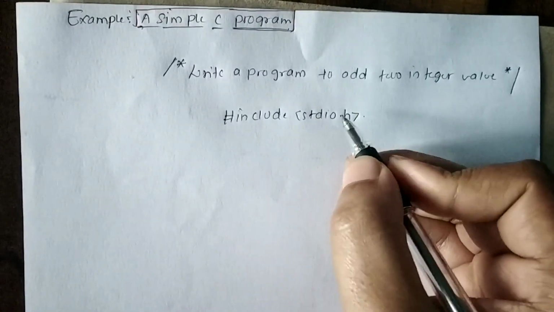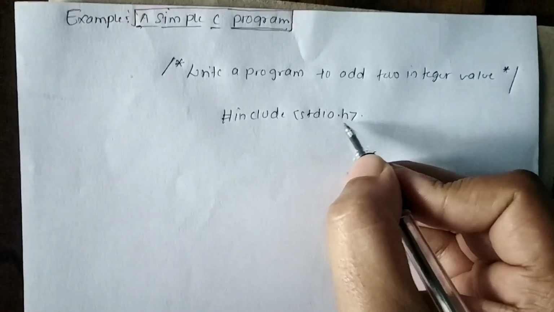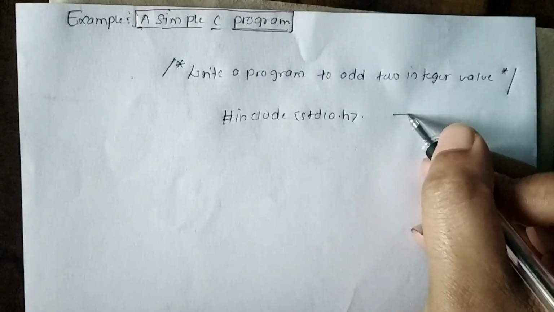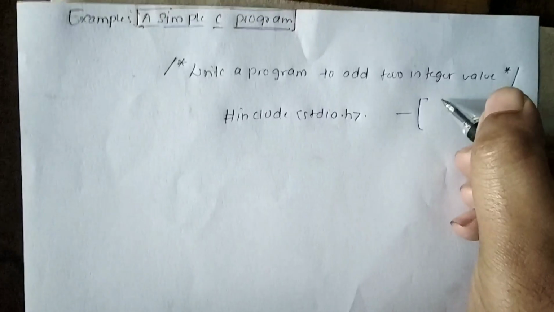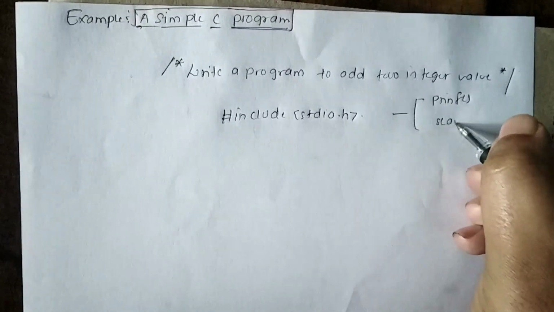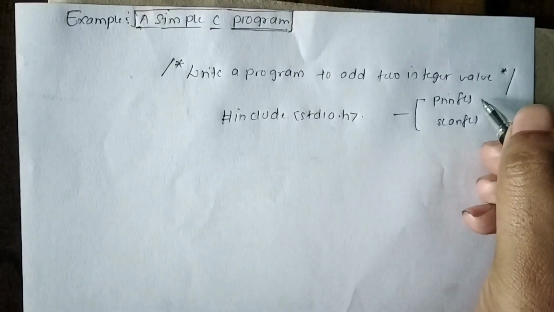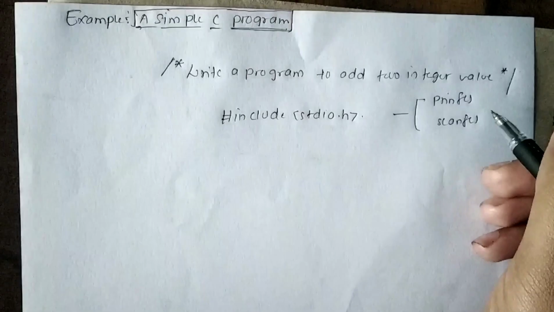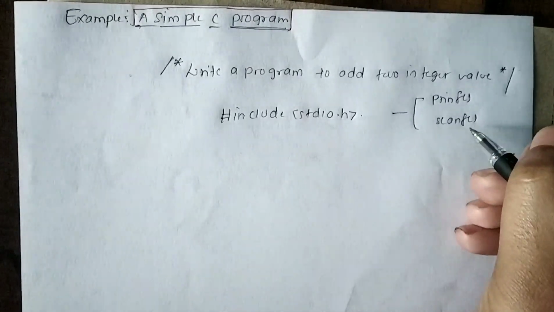stdio.h means the standard input output header file which we want to use to execute printf and scanf. The printf is the output function and the scanf is the input function. Later on I will discuss the details of printf and scanf.